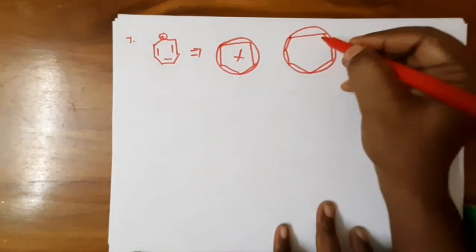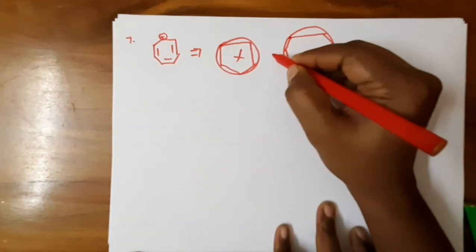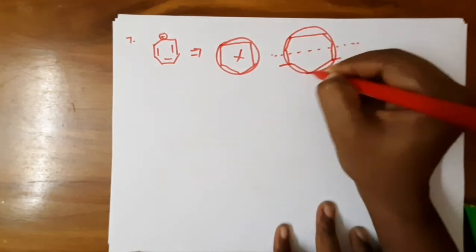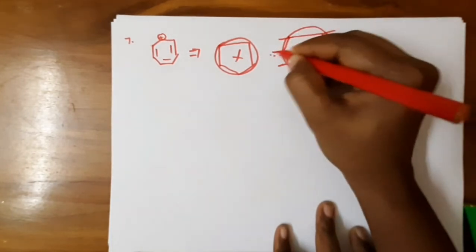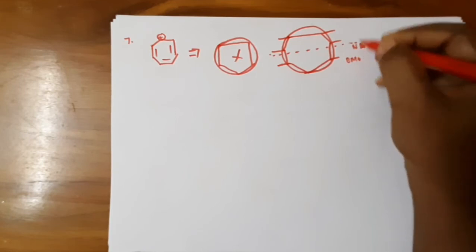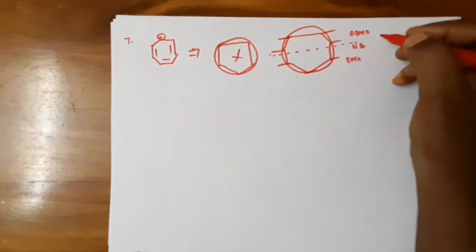So draw the horizontal line. So these are the energy levels. This is the non-bonding level, the bonding molecular orbitals and the anti-bonding molecular orbitals.